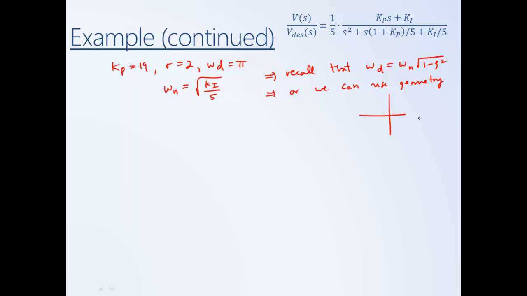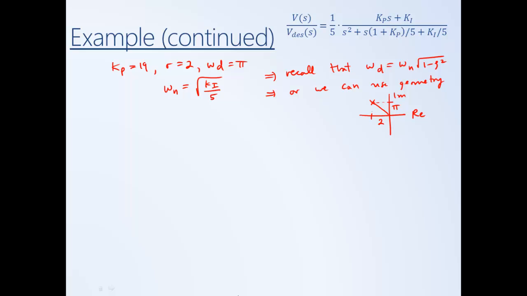So if we think back to what all of this means in the complex S-plane, we have that sigma is 2, and omega d, the imaginary part, is pi. So in essence, we want to place our pole right there.